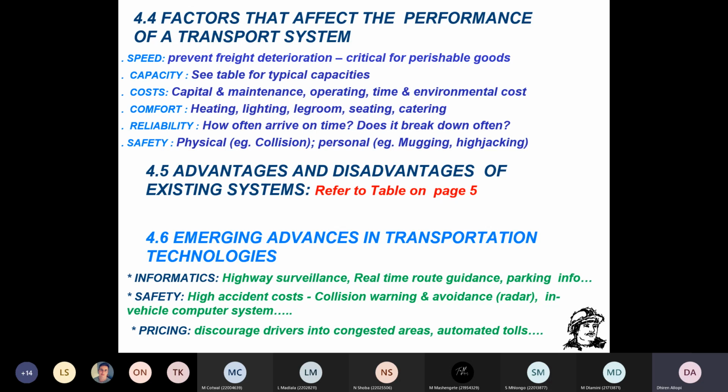All the table does is simply give you typical capacities for various transport systems. So for example, if you were in a car and you were measuring the capacity on a particular lane, and you measured, say, 2,500 cars per lane per hour, and each vehicle had an average of 2 people in it, then you could work out the total in terms of capacity.